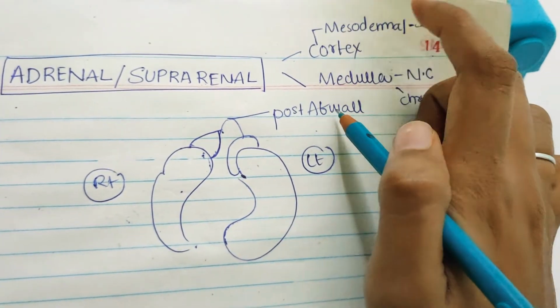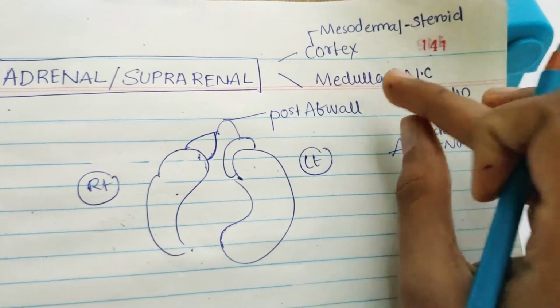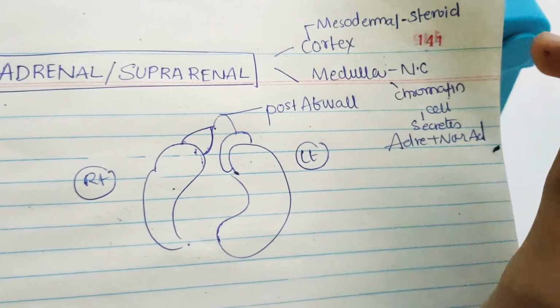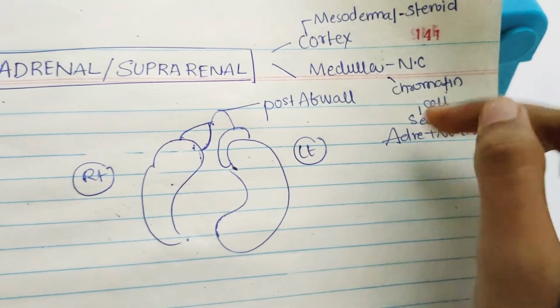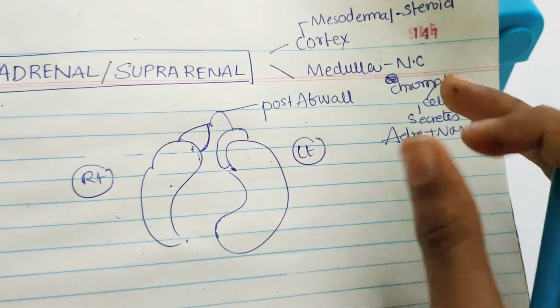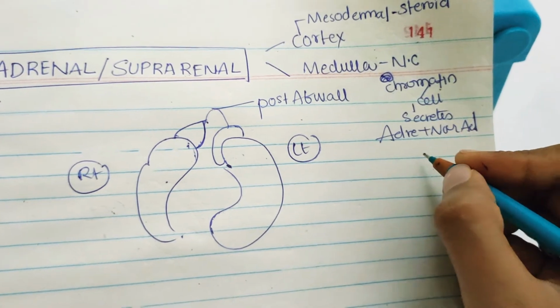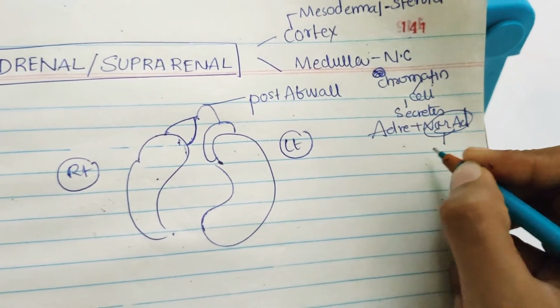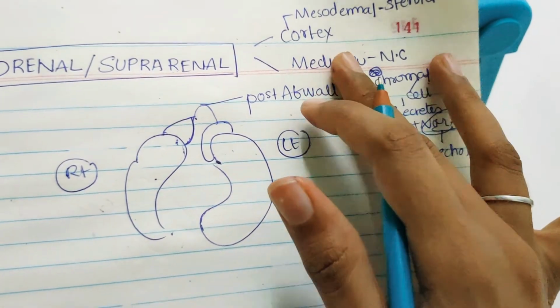The cortex is of mesodermal origin, and it releases mainly steroid hormones. The medulla is from neural crest cells. It has the chromaffin cells, and this medulla secretes adrenaline and noradrenaline, also called catecholamines.